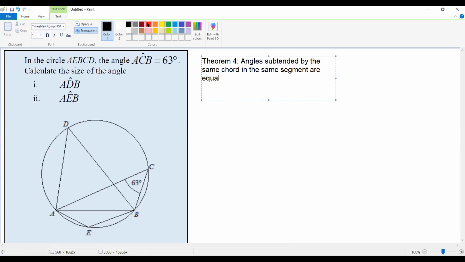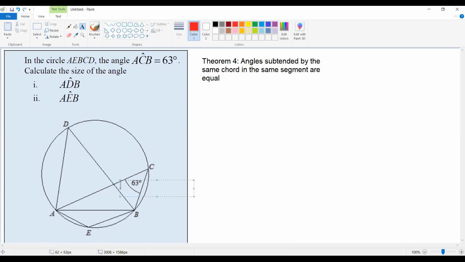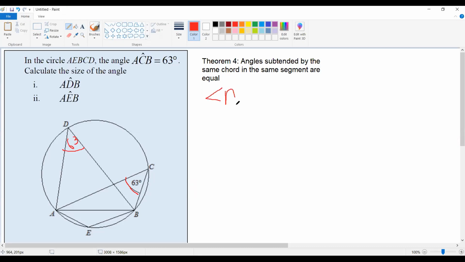So if that is the case, then if this is 63 here, that means that over here is also 63. Okay? So angle ADB is 63 degrees.